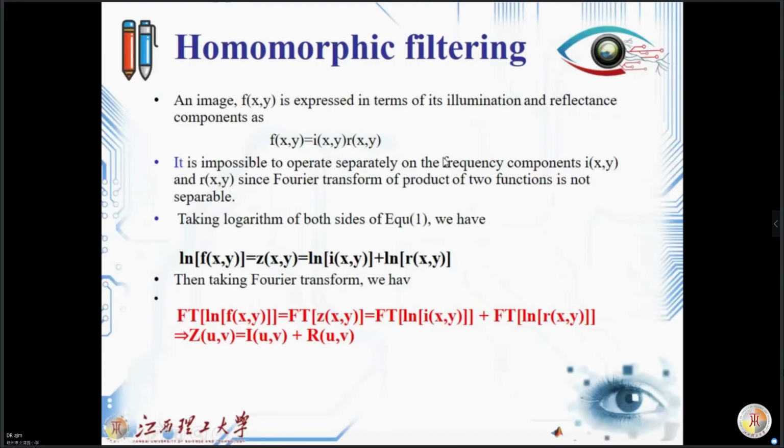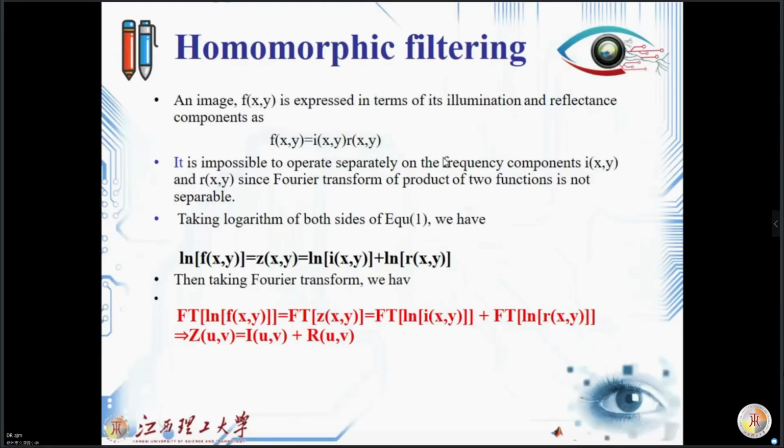Homomorphic filtering is also one type of filter. If we assume the image as a function of x and y, represented in terms of illumination and reflectance, as we talked before, I and R, it's impossible to operate separately on the frequency components of I(x,y) and R(x,y).